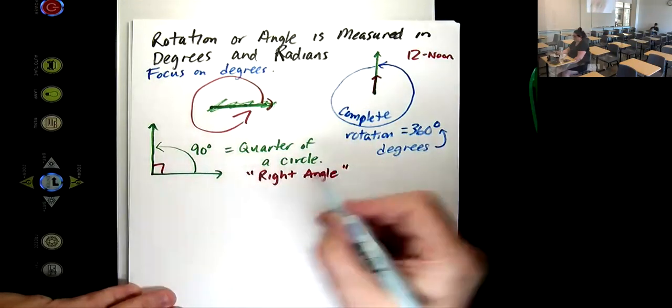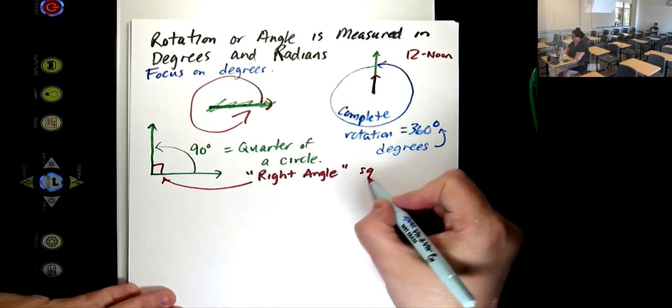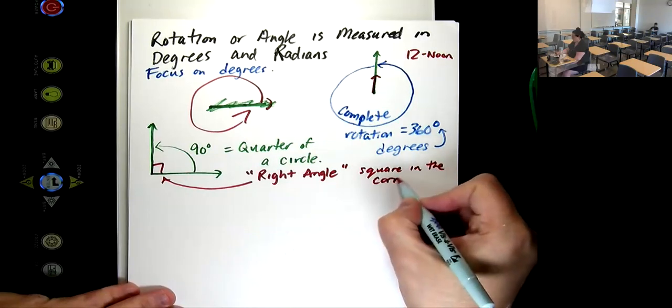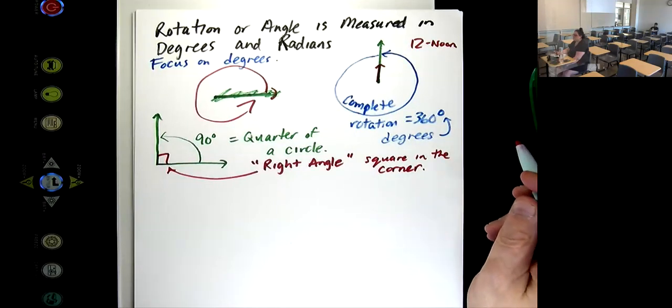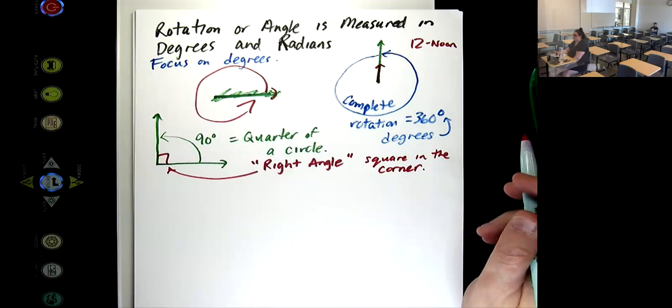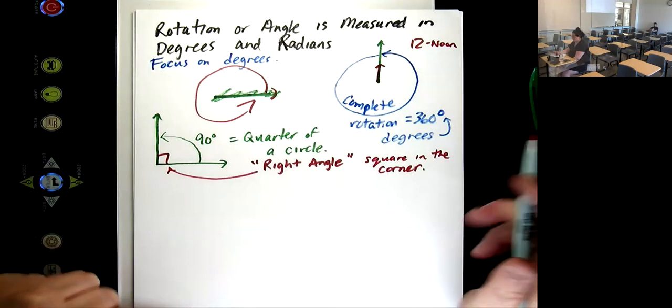And they put a square in the corner. Square in the corner. That's to indicate that it is in fact 90 degrees and not like 89.5, where your eye wouldn't be able to distinguish it. Or 89.9.